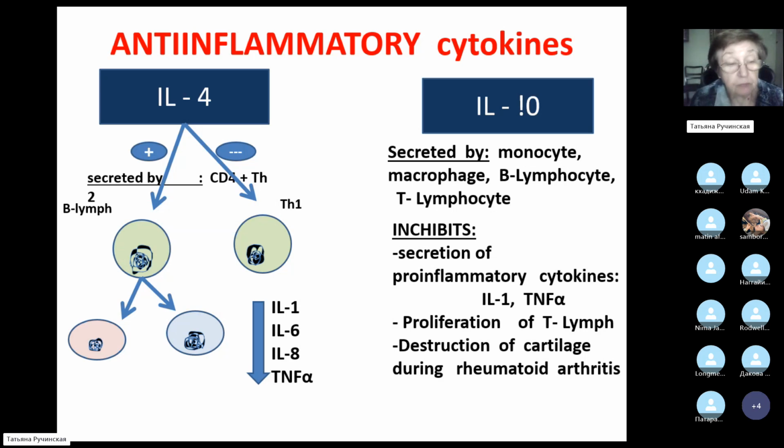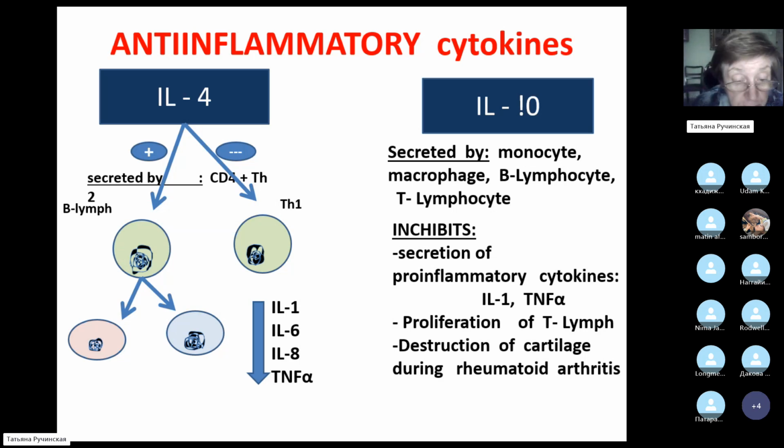But there are two cytokines, interleukin-4 and interleukin-10, which play a role as anti-inflammatory cytokines. That is why they will inhibit the secretion of the pro-inflammatory cytokines, and that is why they are used in the treatment of severe inflammation.